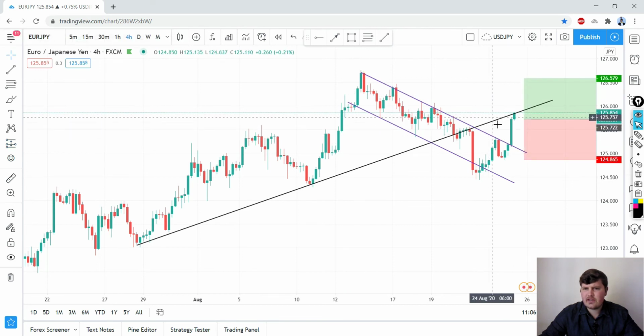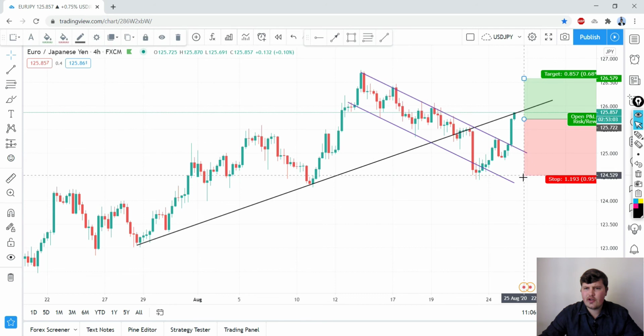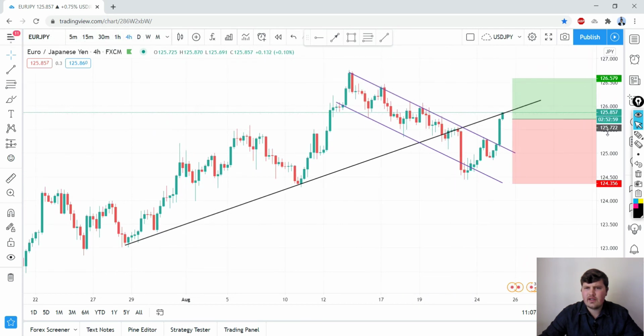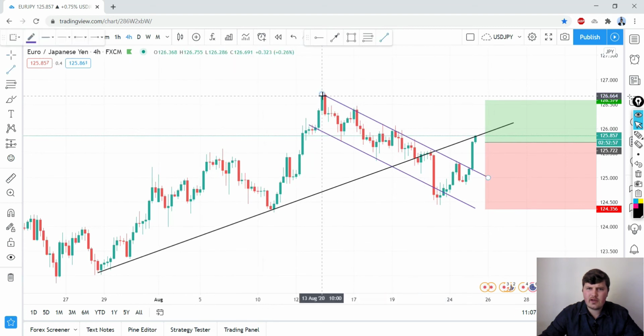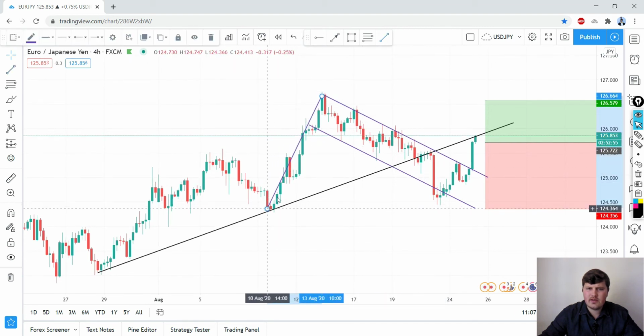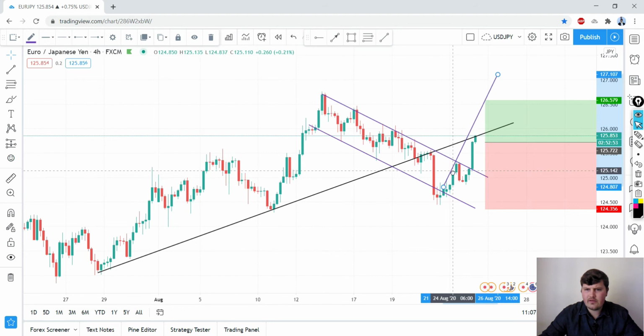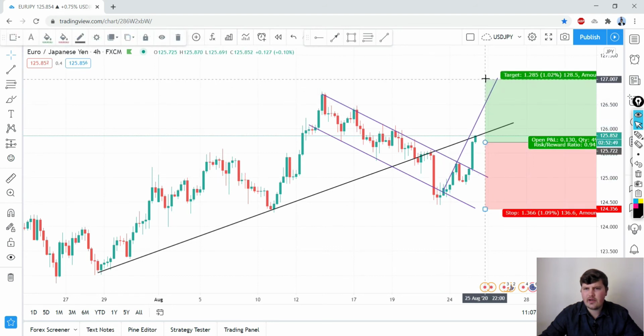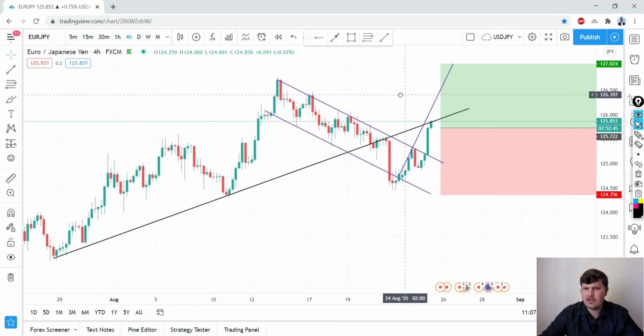As you can see, this candlestick closed above this recent swing high, so you can enter over there, stops below the swing low over here, and we can target the length of this flagpole, which is then over here like this. So we can target that area over there, also the 127 psychological level.